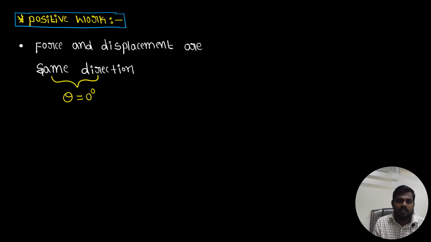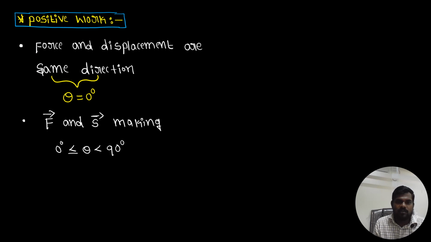Otherwise, the second point, when we say the work is positive means theta, the angle between force and displacement, satisfies 0 degrees less than or equal to theta less than 90 degrees.